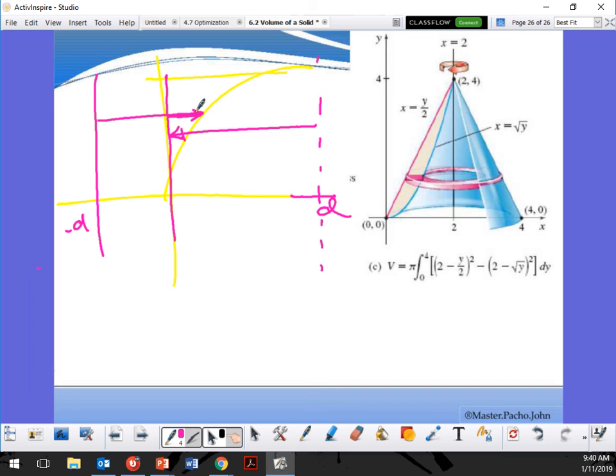So this is the function plus D for my radius. So if it's on the right of the function, it should be the number minus the function. And if it's on the left, then it would be the function minus the number.